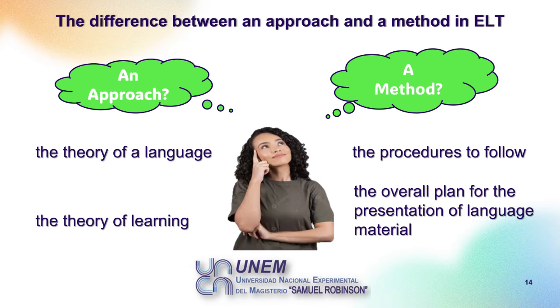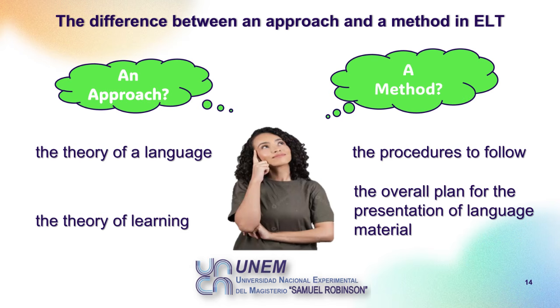The first component of an approach is that it's the theory of a language. The second component of an approach is that it's the theory of learning the language. And now, a method. The first component of a method is that it's the procedures to follow to learn in a specific way.